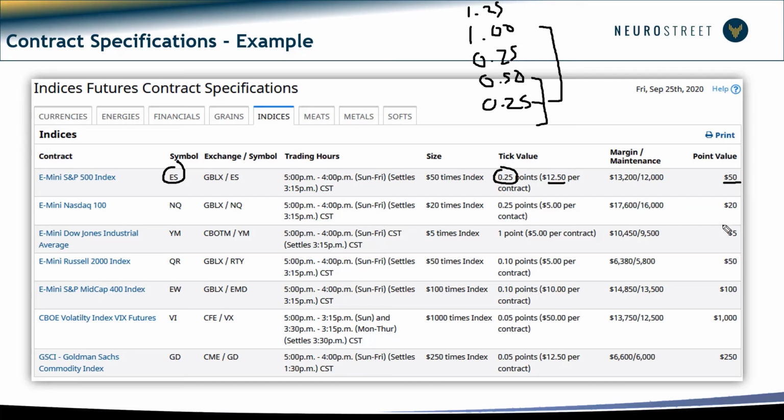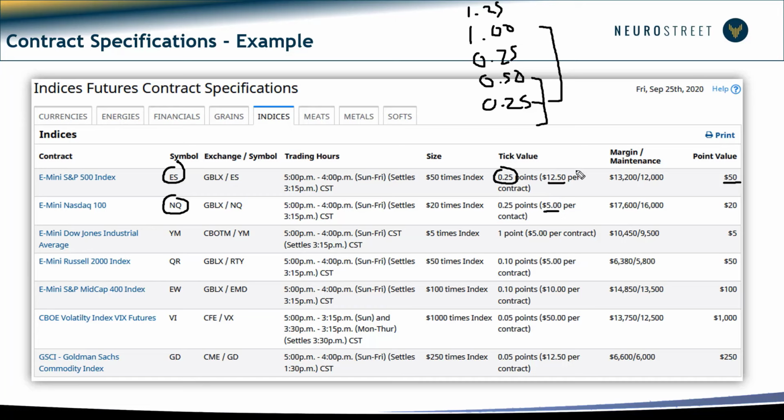Let's take a look at the NASDAQ. The NASDAQ does the exact same thing. The only difference is the NASDAQ's not worth $12.50, it's worth $5. So every time the NASDAQ moves up 0.25, it's almost 2 times less the risk.